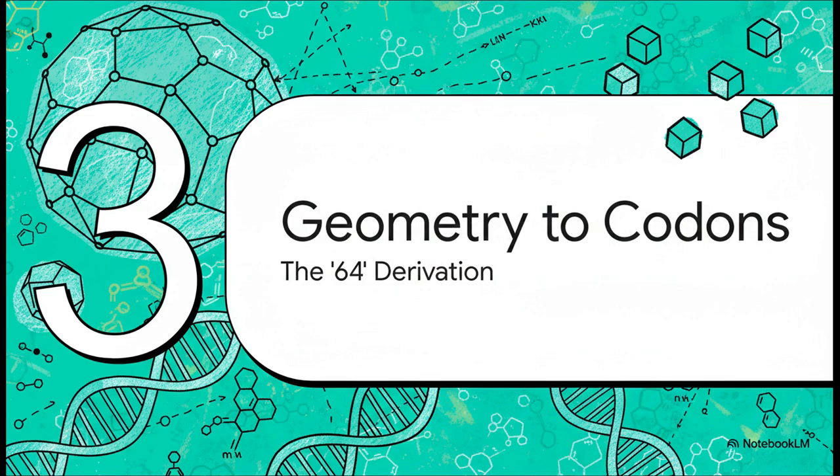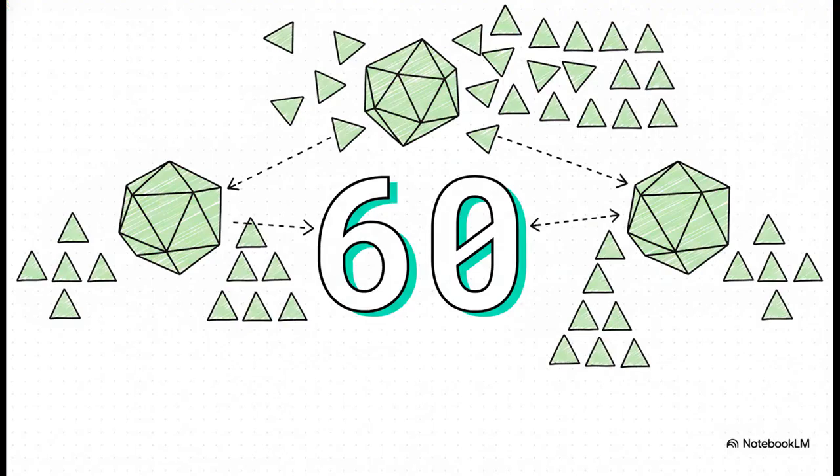Now we arrive at the central claim of the model, how this precise geometric structure maps, number for number, to the 64 codons. The derivation is quite direct. We begin by accounting for the faces of the 3 icosahedra. Each icosahedron has 20 triangular faces, so 3 of them contribute a total of 60 faces to our count.